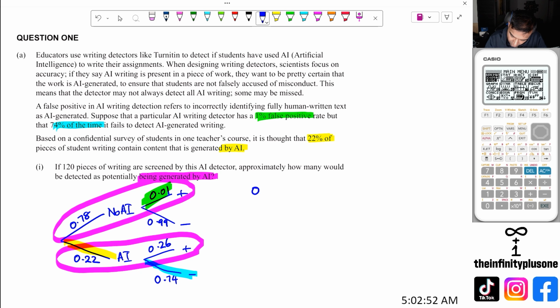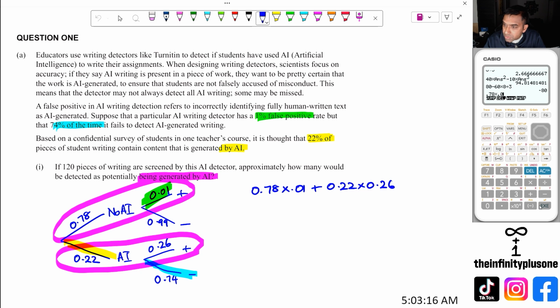So we've got 0.78 multiplied by 0.01 plus 0.22 times 0.26. And that's going to give us 0.065. So I'm just going to put down here, probability of indicated is equal to 0.065.